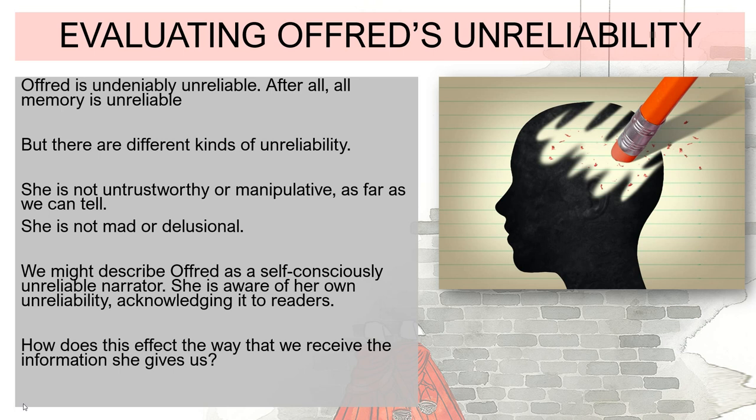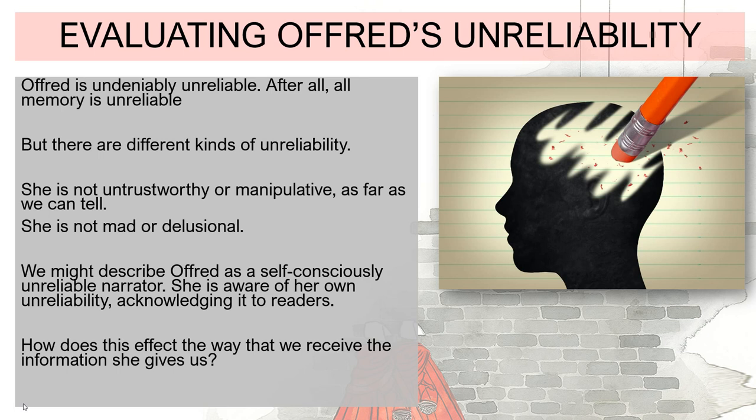So she's unreliable in a way that we can perhaps relate to. And this is different to being untrustworthy or manipulative. That's one form of unreliable narration, where a narrator deliberately misleads their readers. And we don't get that from Offred.